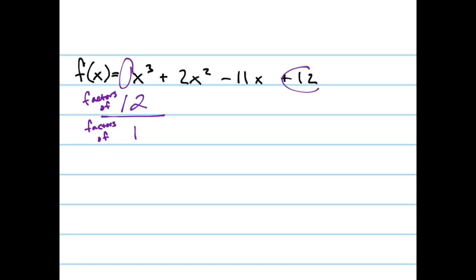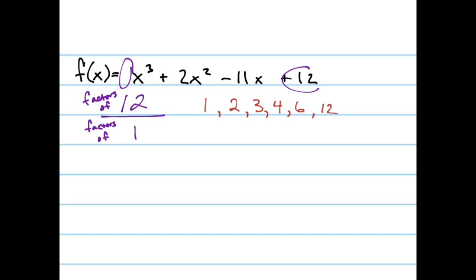So first thing I want to do is list all of the factors of 12. What numbers go into 12 evenly? Ingrid, you just give me the first one. 1. Tori, how about the next one? Christian. Sarah. Ethan. Lily. 12.